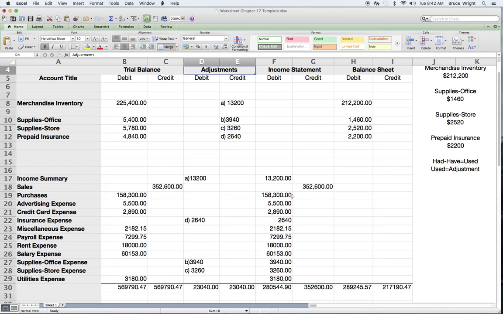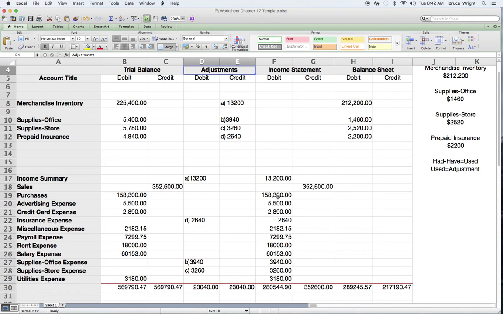We bought $158,300 worth of merchandise this fiscal period. But as I told you before up here, since we have less merchandise now, that means that we actually sold more than we bought.